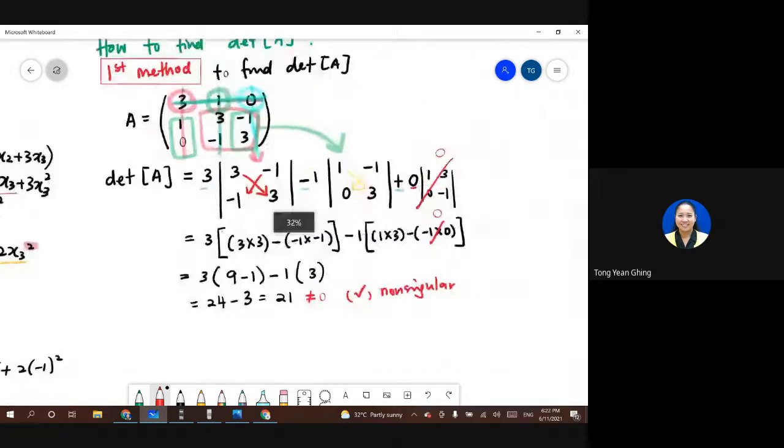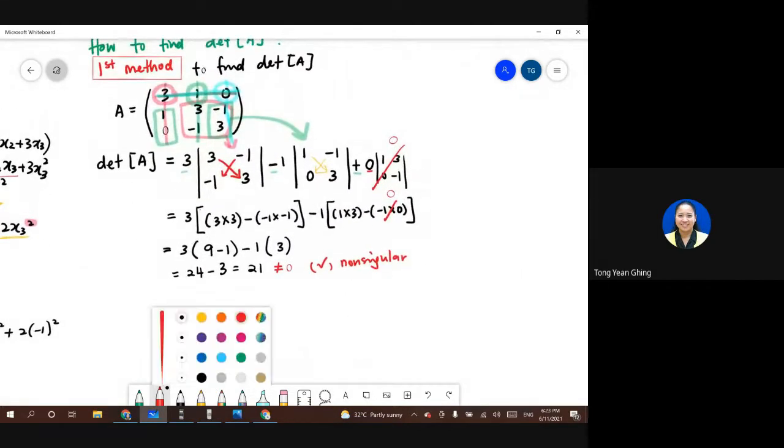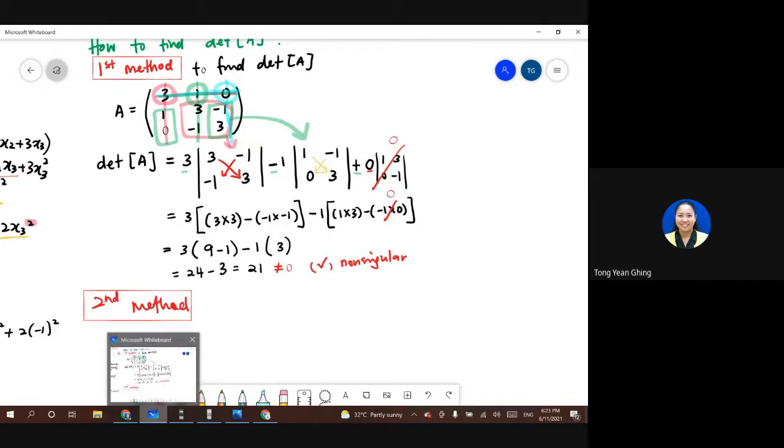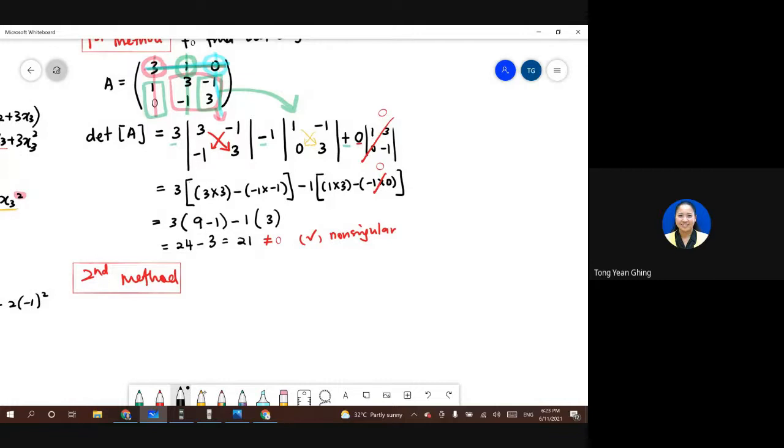Okay, so the second method to find the determinant is, I will write back the 3 times 3 matrix from just now: 3, 1, 0, 1, 3, -1, 0, -1, 3.